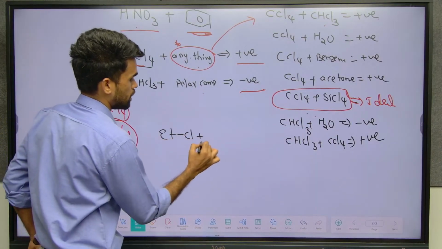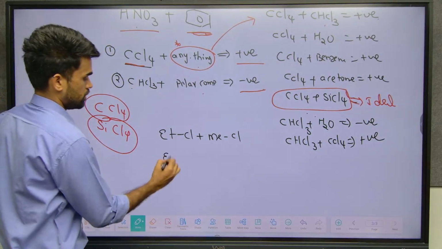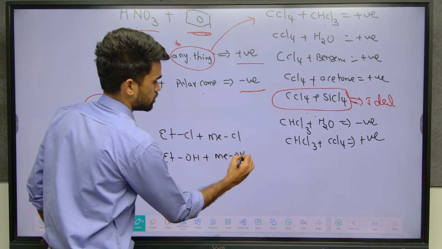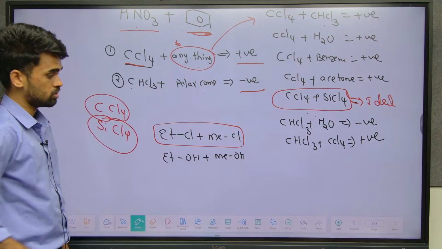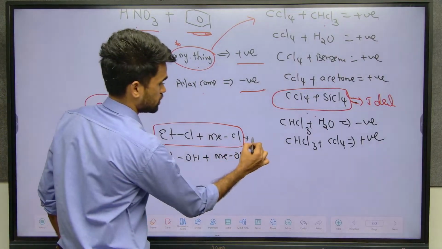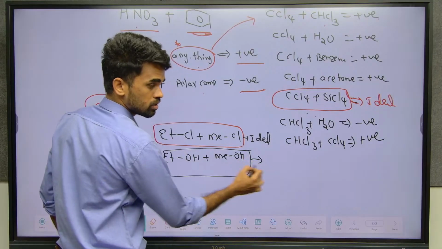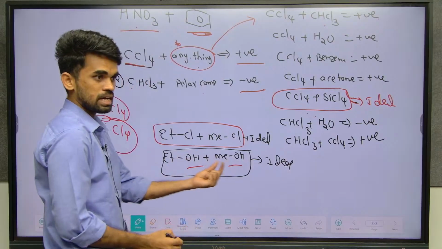Ethyl chloride plus methyl chloride. Ethanol plus methanol. What is this? Ideal, right? Perfect. Next, this one. Alcohol, alcohol, same size alkyl groups also.